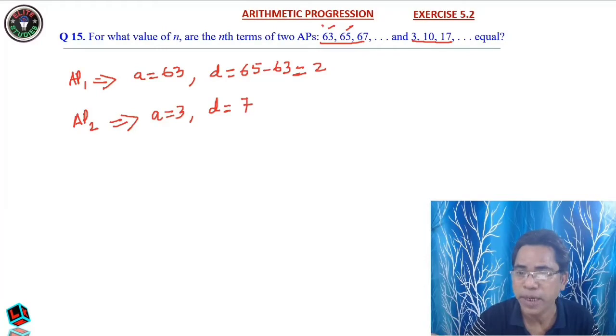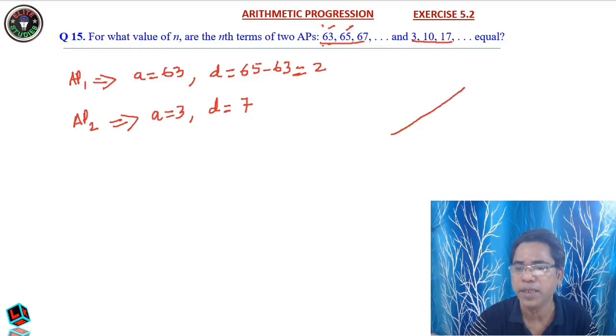You can easily see, students, that AP1, 63, 65, is increasing. AP1 is increasing like this, isn't it?